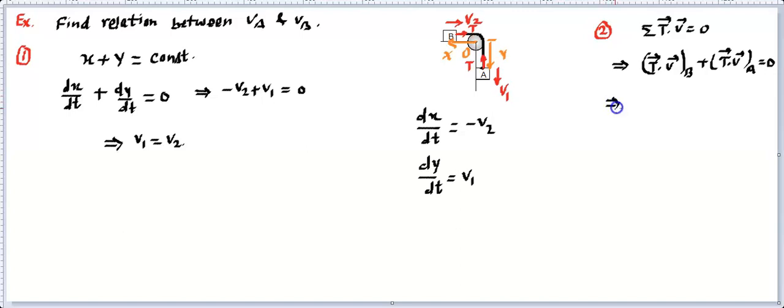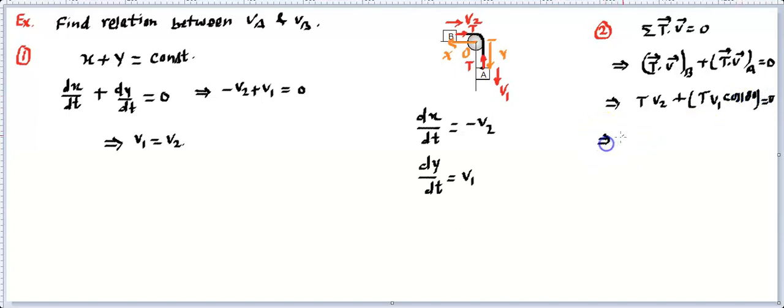Now write this dot product for block B. You see T and v2 are in the same direction, so I can write T v2 cos 0, which is 1, plus, for this you see T and v1 are opposite, so minus, or you say 180, so T v1 cos 180, and this will become equal to 0.